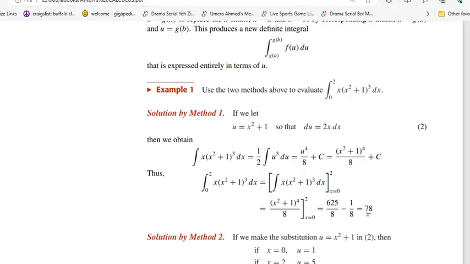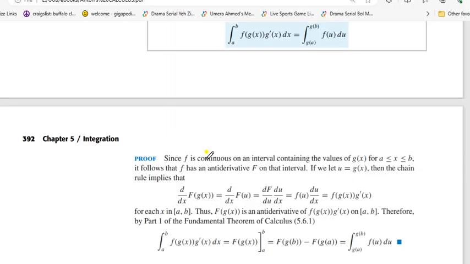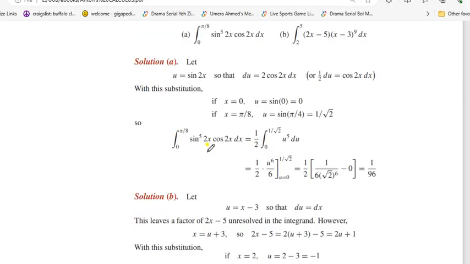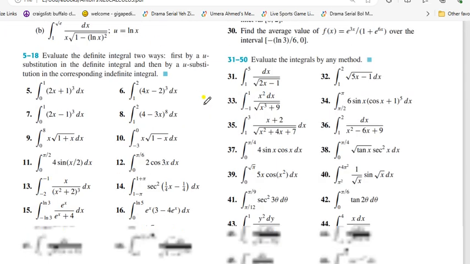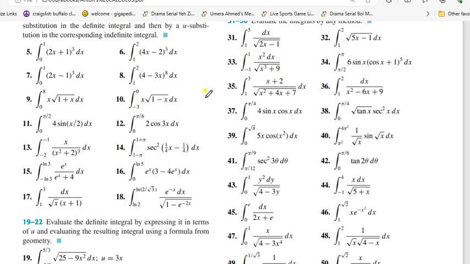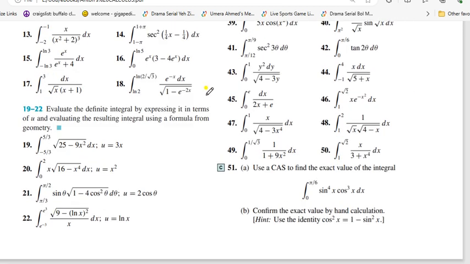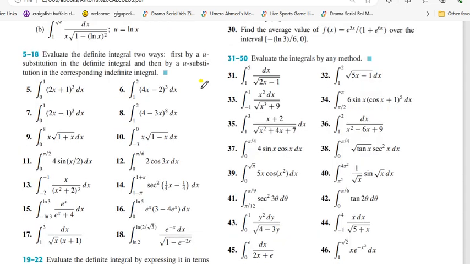So let's see if we have anything from the exercises. Something challenging, difficult.